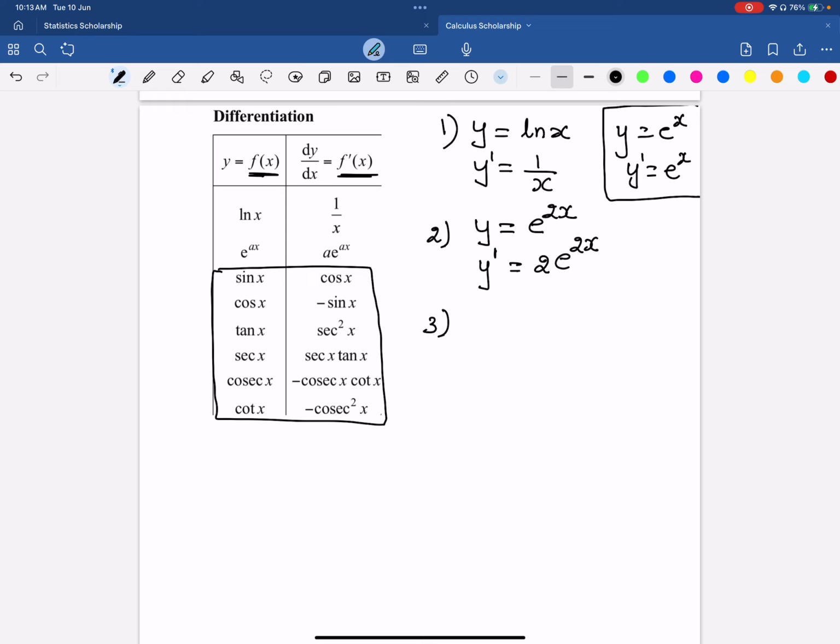But let's take a simple example here. If I'm going y equals sec x and I want to differentiate it, I will look where sec x is. It's here. And differentiation of that is sec tan. So I'll go y dash is sec x tan x.